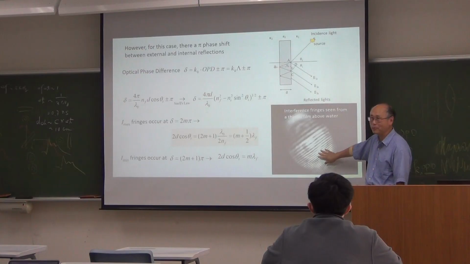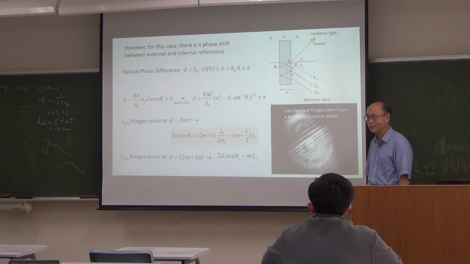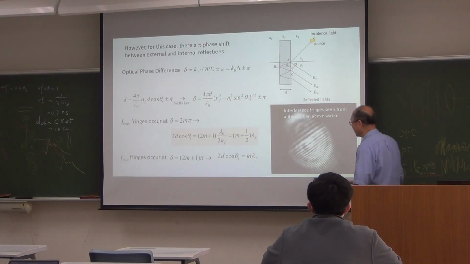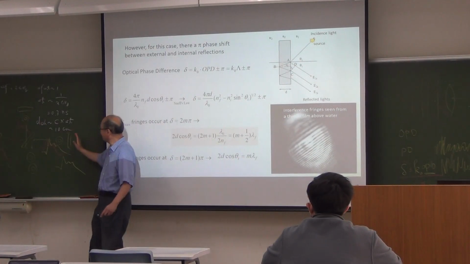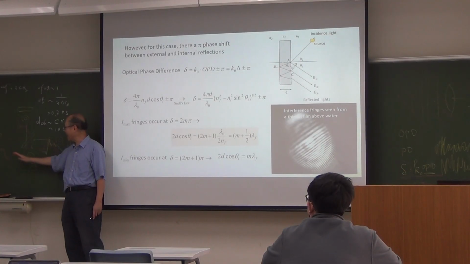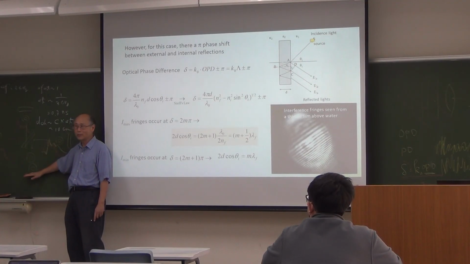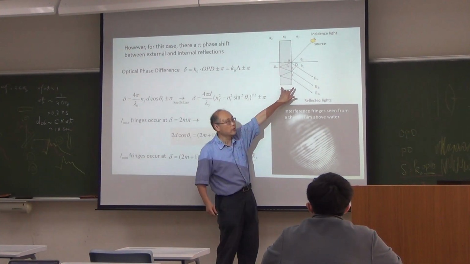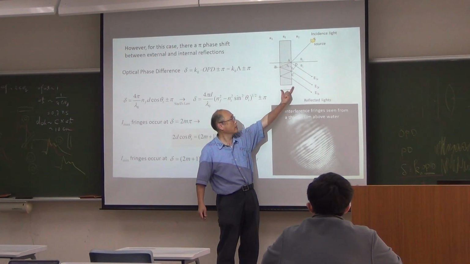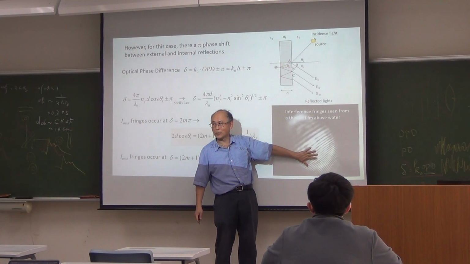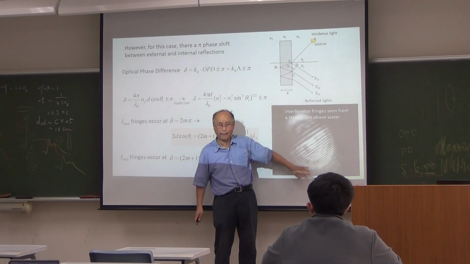Otherwise, I will not be able to see these fringes. Agree? For Michelson interferometer, if I move this too much, and this is a broadband light source, then I cannot see interference fringes. Same thing, if this is too thick, if this d is too big, I won't be able to see the interference fringes. Agree?